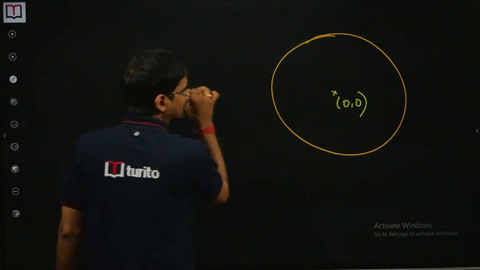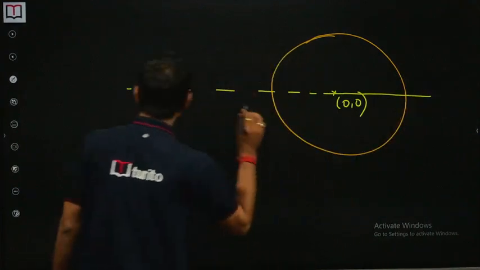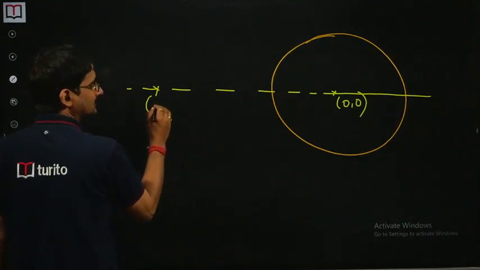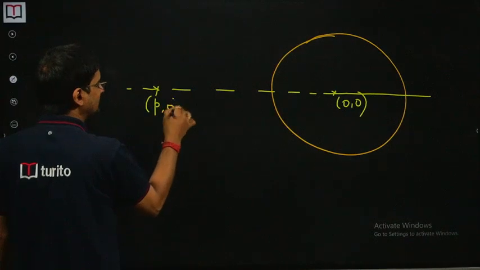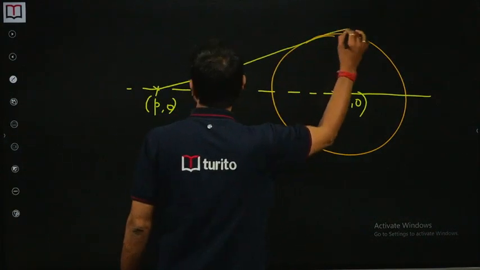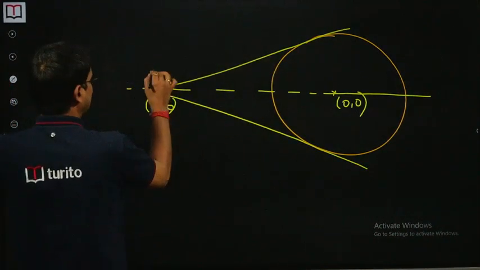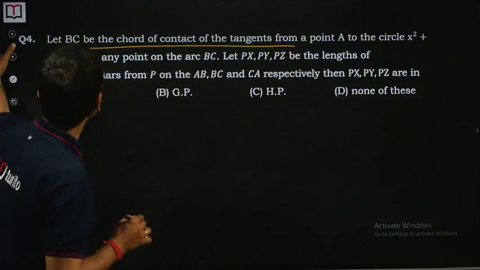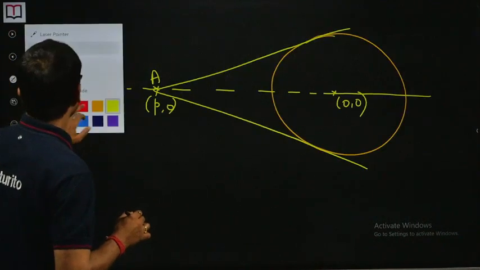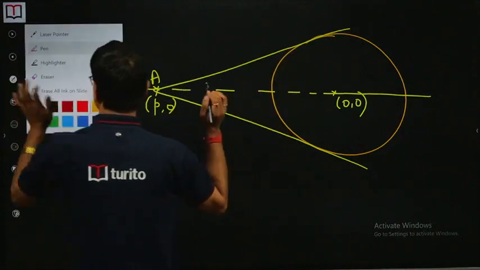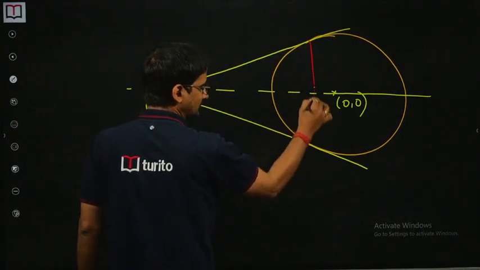So I just took one point here, and let's say the point is maybe (p, 0). Tangents are drawn from this point. I think this point is A, if I am not wrong. Let BC be the chord of contact from point A. So BC is this chord of contact.